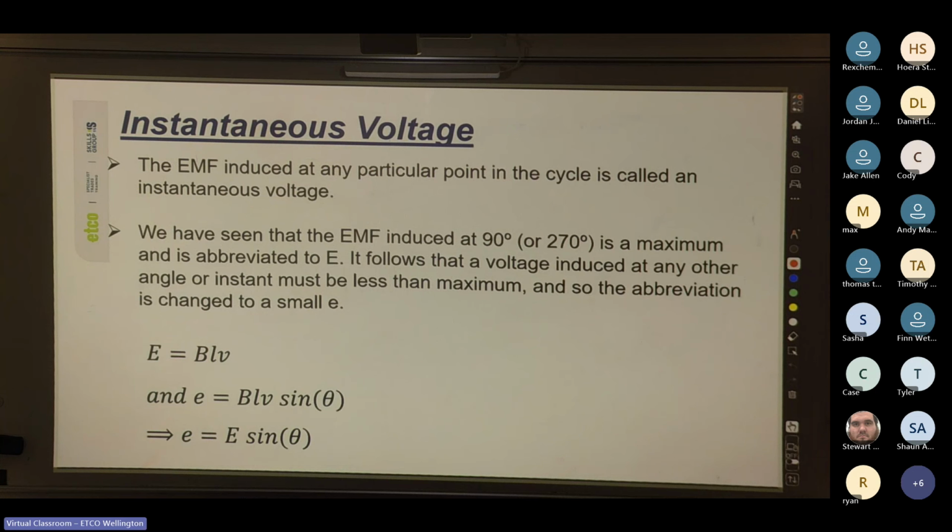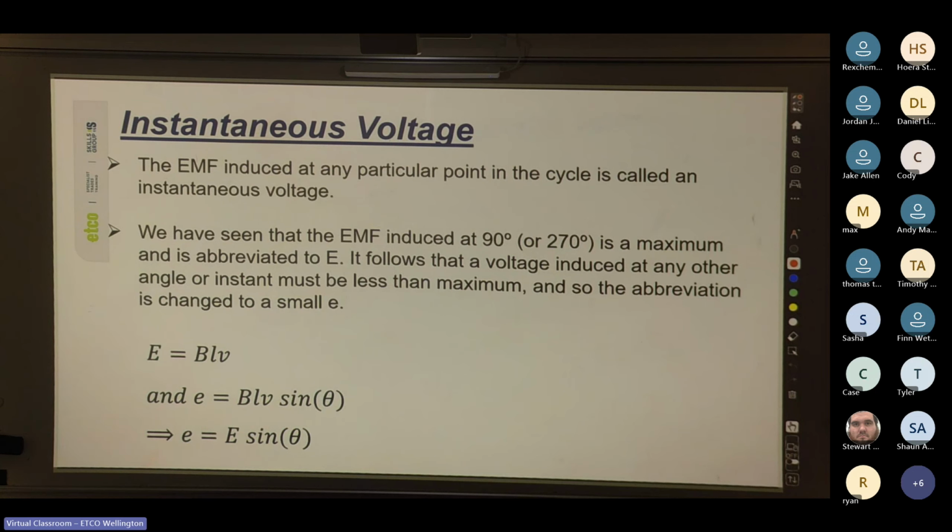Instantaneous voltage. The EMF induced at any particular point in the cycle is called an instantaneous voltage. We've seen that the EMF induced at 90 degrees or 270 degrees is a maximum and is abbreviated to E. It follows that a voltage induced at any other angle or instant must be less than maximum, and so the abbreviation is changed to a small e.